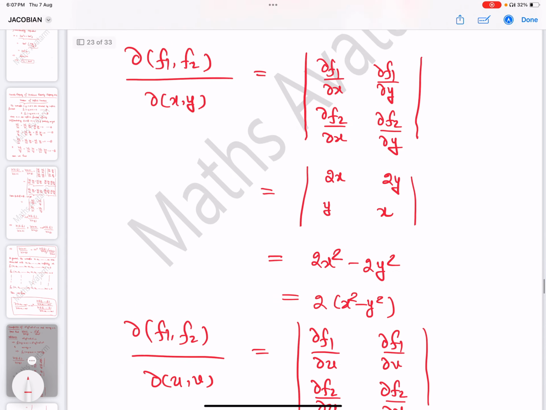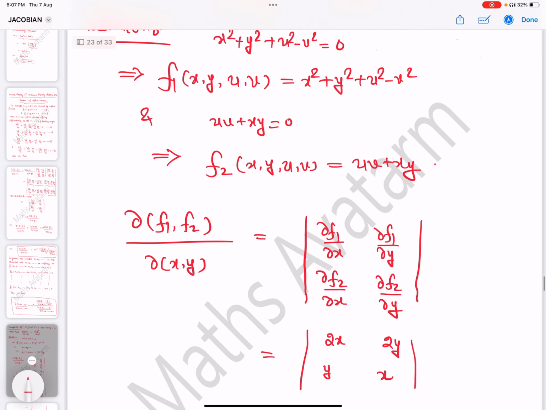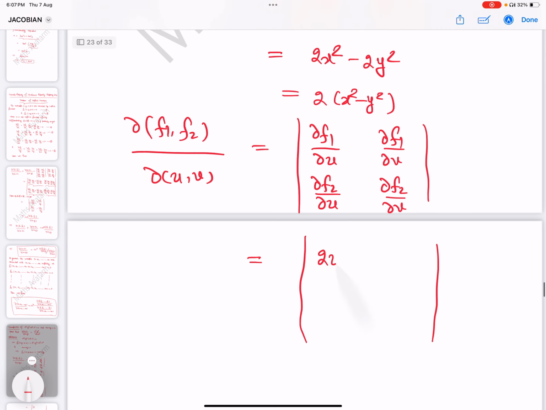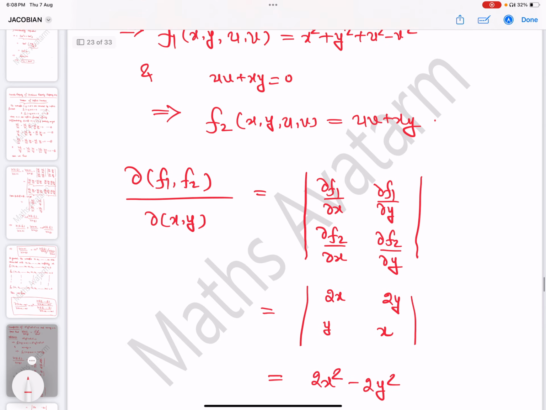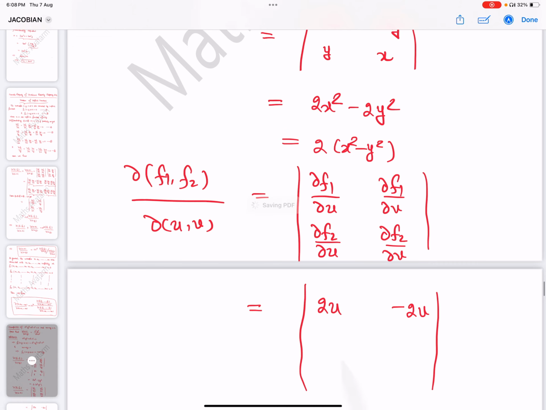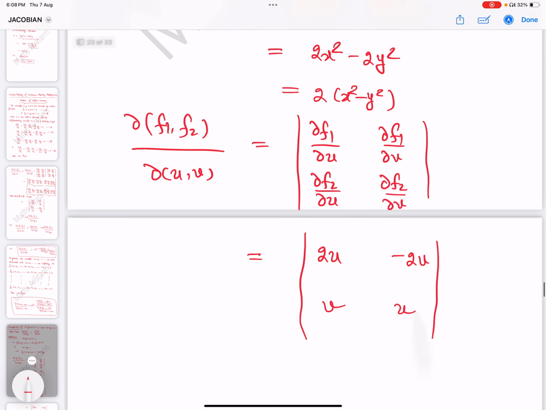So derivative of f1 with respect to u, what is there? 2u, and with respect to v, minus 2v, and f2 with respect to u and v, it is v and u. So what is this? This is 2u square plus 2v square. So 2 times (u square plus v square).